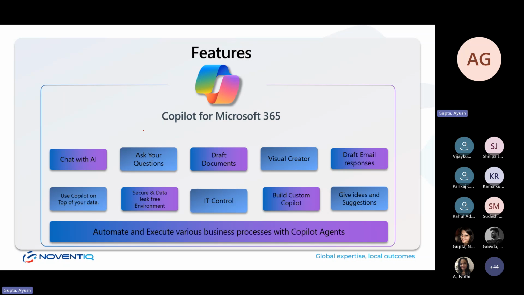The last important thing: you can automate and execute various business processes with the newly introduced feature called Copilot Agent, where whatever repeated task you do daily in your workspace, you can use Copilot agents to perform that. It will also help you elevate your workspace experience and increase your productivity and efficiency.